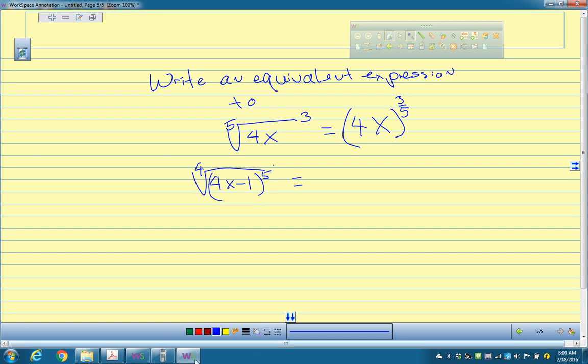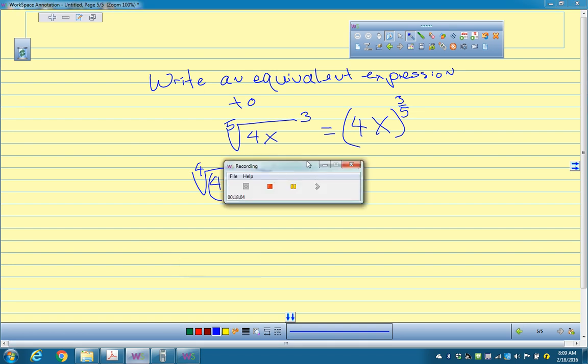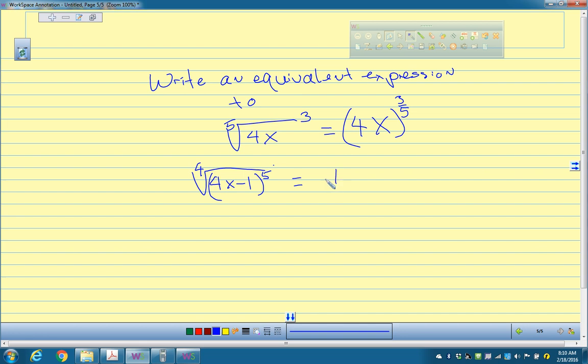Write an equivalent expression to that. So this is going to be 4x minus 1, sorry, I was thinking ahead, raised to the 5 over 4 power, okay?